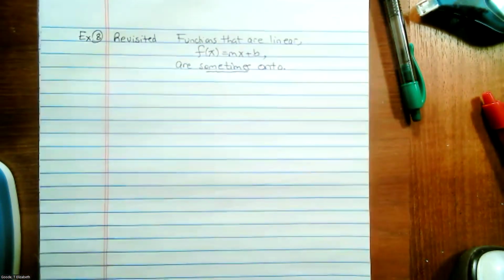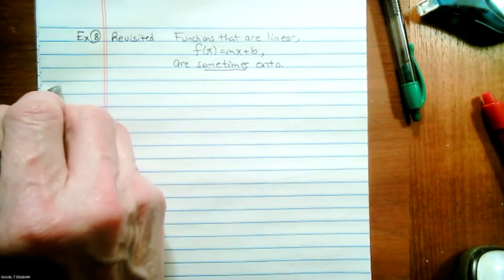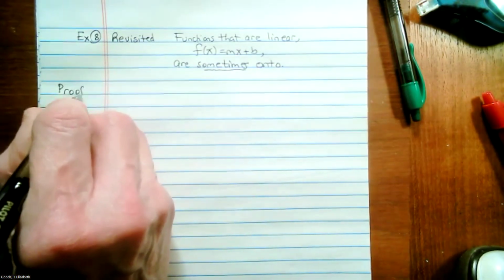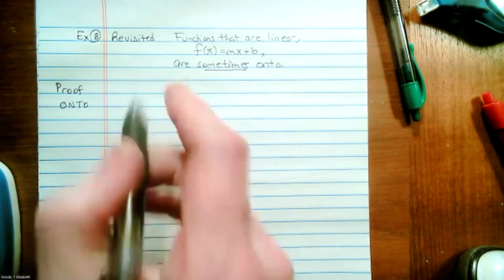All right, so let's just look at the example when we are using the reals as the domain and codomain.